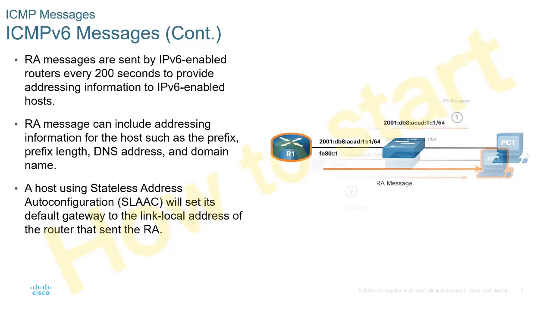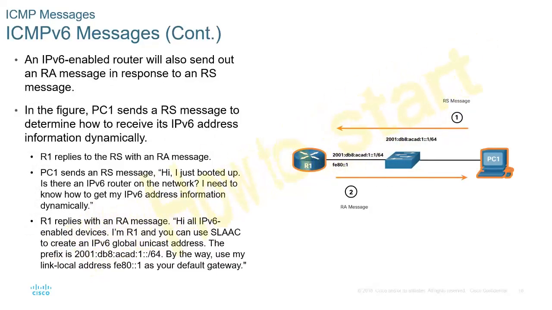If SLAAC is not used, then again, we will use the solicitation method. The PC will come online, the PC will send out an RS, and the router should then respond with an RA message. Basically, R1 will reply with an RA message to all IPv6 enabled devices: here I am.